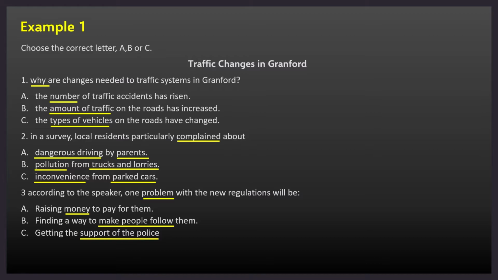It's been especially noticeable with the increase in heavy traffic while they've been building the new hospital. But it's the overall rise in the volume of traffic of all kinds that's concerning us. To date, there's not been any increase in traffic accidents, but that's not something we want to see happen, obviously. We recently carried out a survey of local residents, and their responses were interesting.